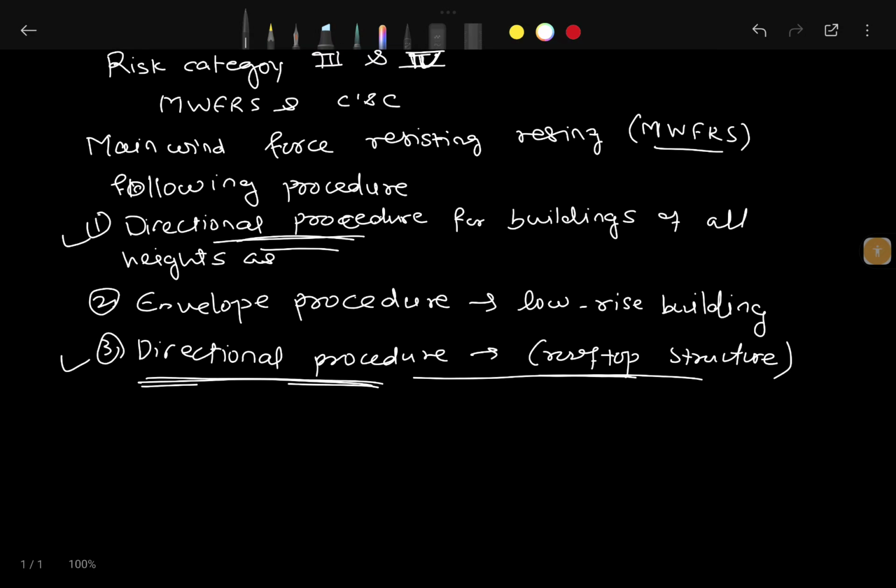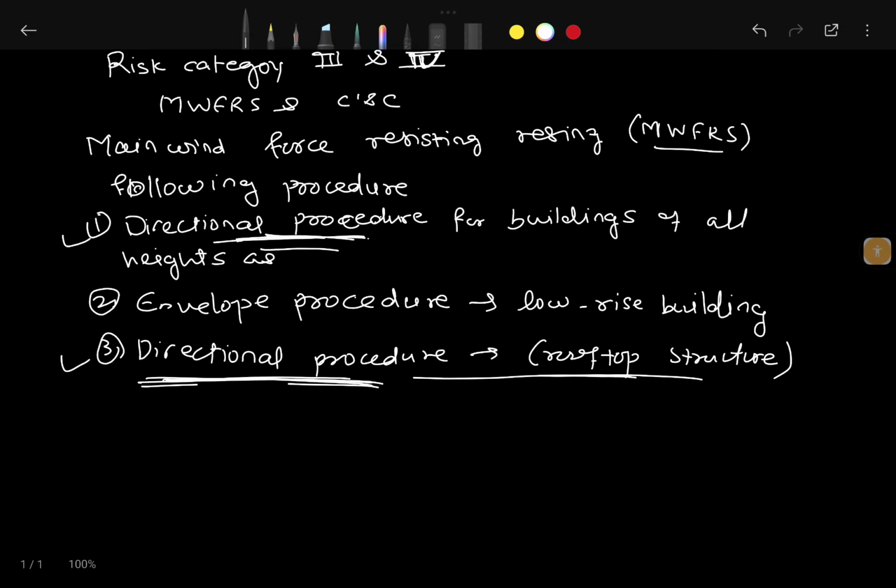If we want to calculate for only the structure, then we can go through with the directional procedure. This directional procedure is for signs, signboards, chimneys, etc. We can use this method. So these two methods basically we use.